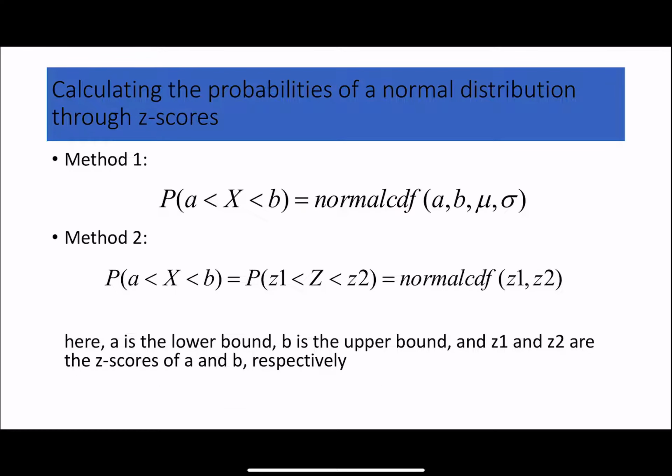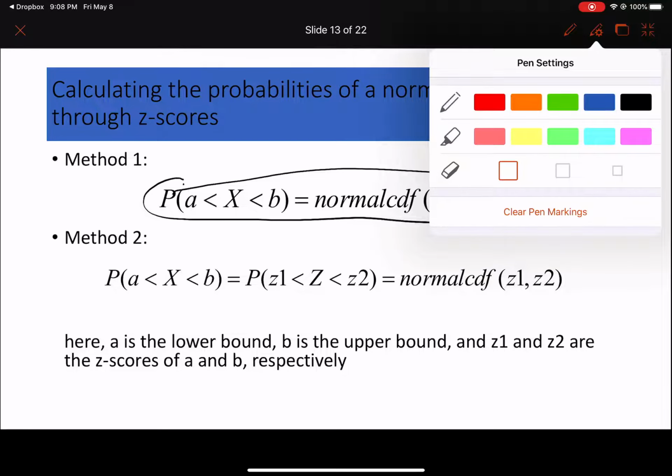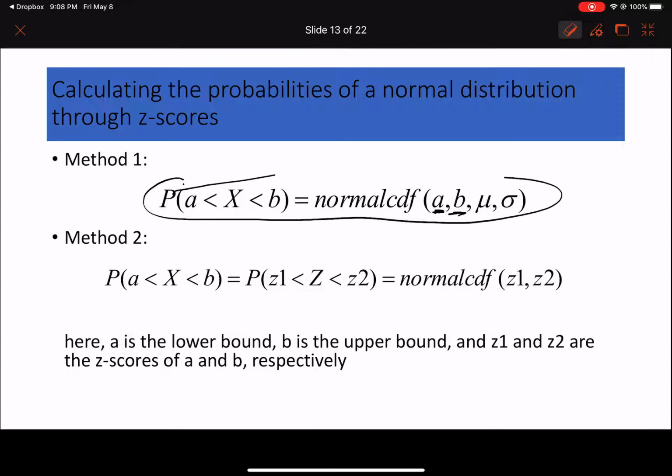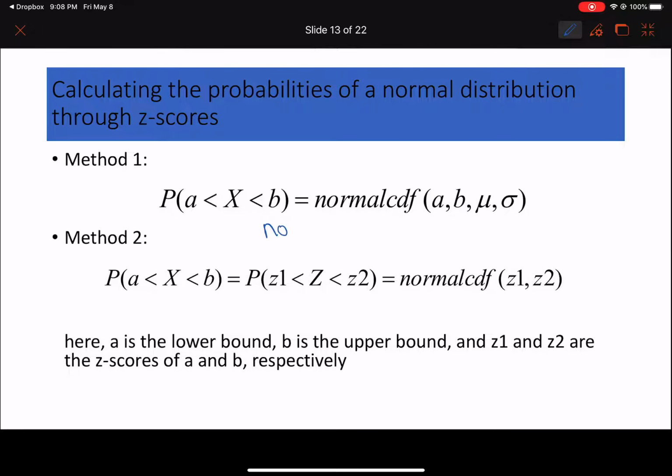All right. So when we are calculating our probabilities of normal distribution, method 1 is to not convert your z-scores and just use A and B, which are your upper and lower bounds. Just put into normal CDF what your lower and upper bounds are. So for example, that IQ problem, I would do normal CDF, my lower bound.